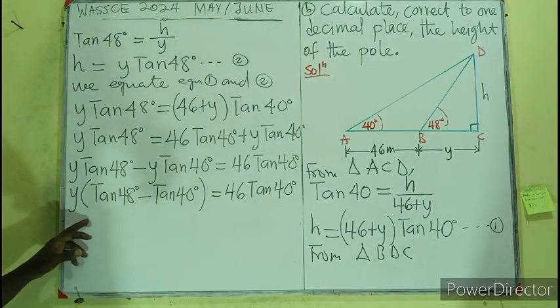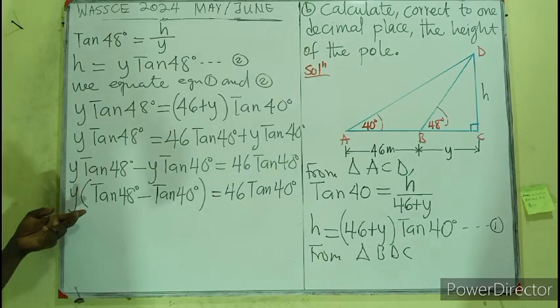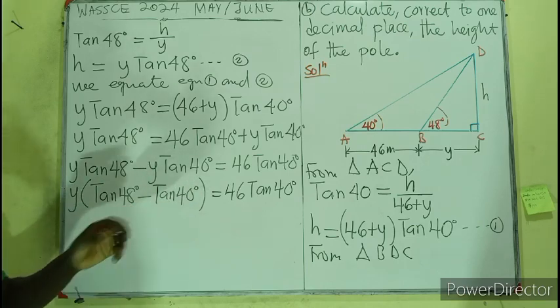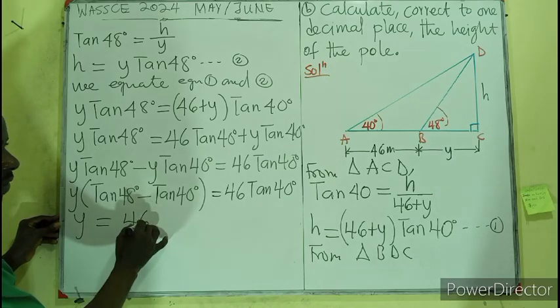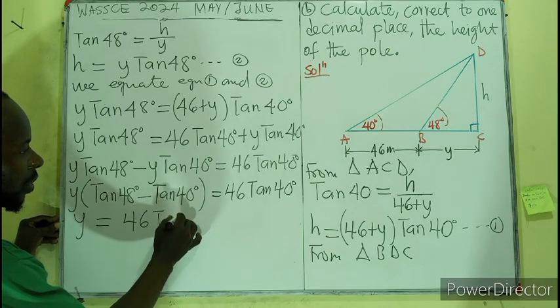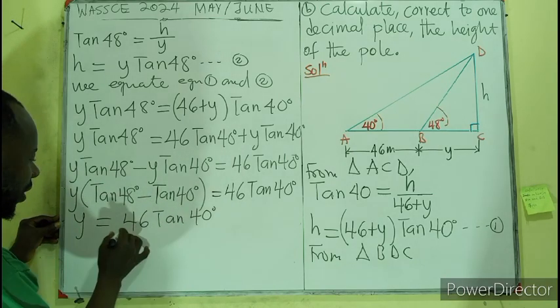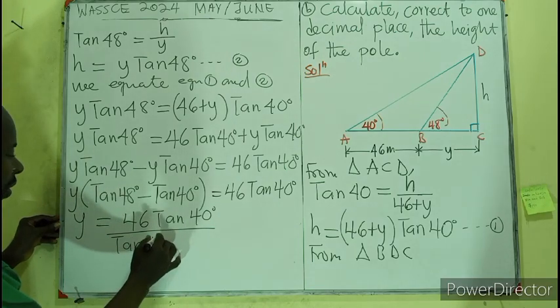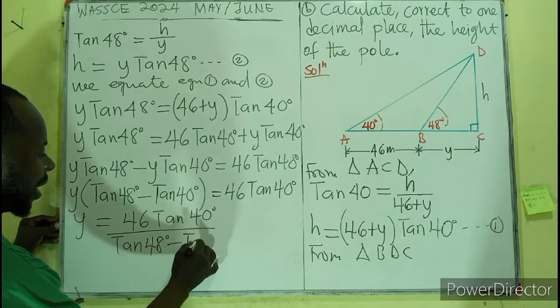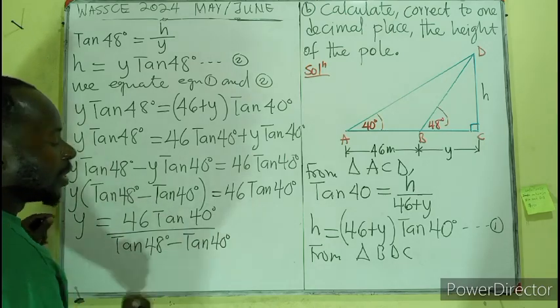Since y is multiplying, y can now stand while we divide by the coefficient. So y will be equal to 46 tan 40 degrees divided by the tan of 48 degrees minus the tan of 40 degrees.